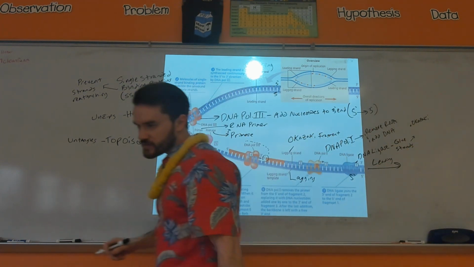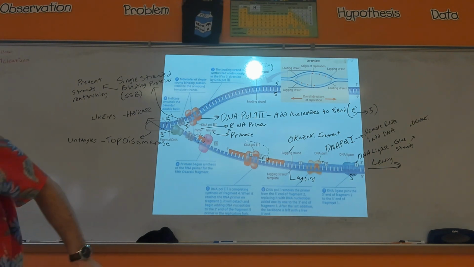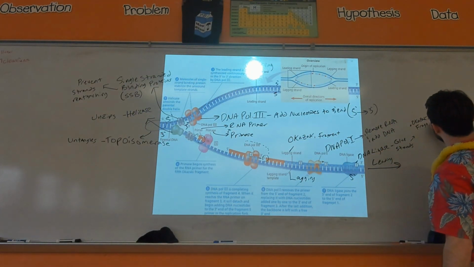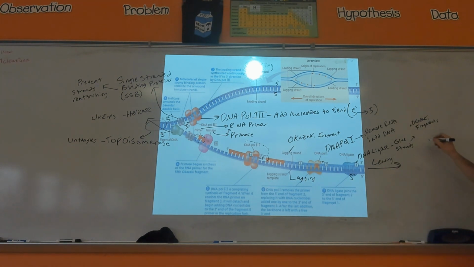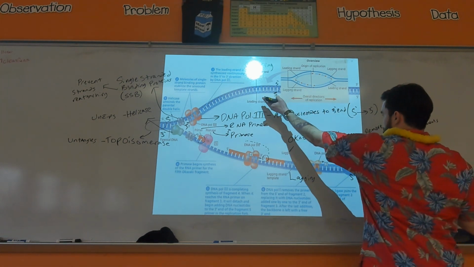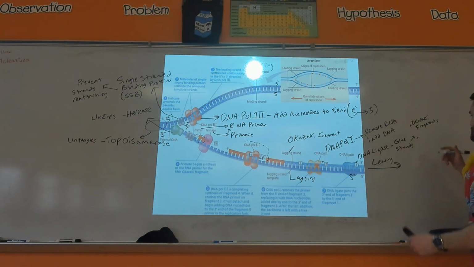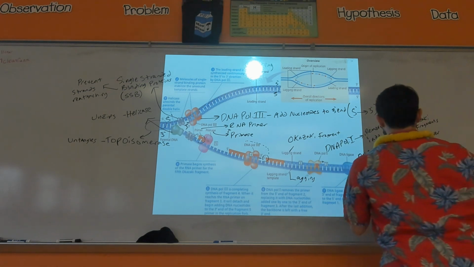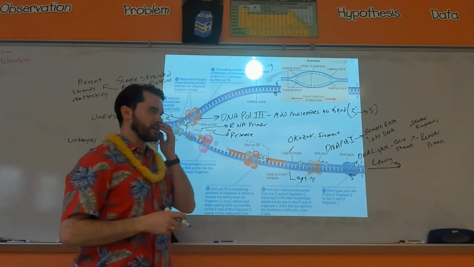Is that still in the camera view? Okay, cool. It would specifically glue the Okazaki fragments together. Or it could also be used in the leading strand whenever you're just trying to simply remove a primer. So in other words, you don't use ligase just to join Okazaki fragments.